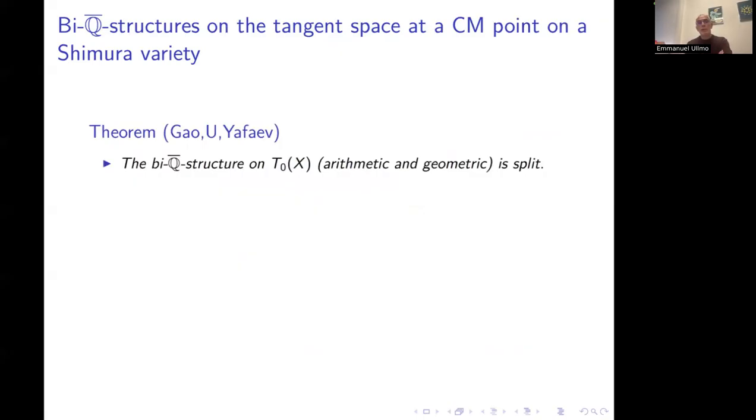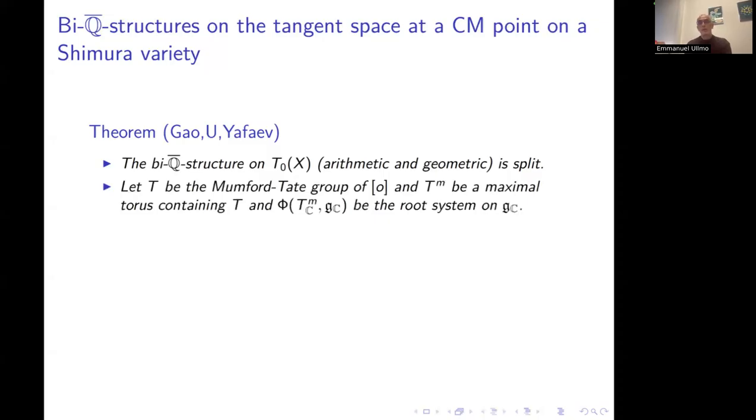So the statement we have in this direction is the following. If you look at these two Q bar structures on T0 of X, the arithmetic one and the geometric one, it's split. So it means that the space is a direct sum of one-dimensional subspaces with the two structures.